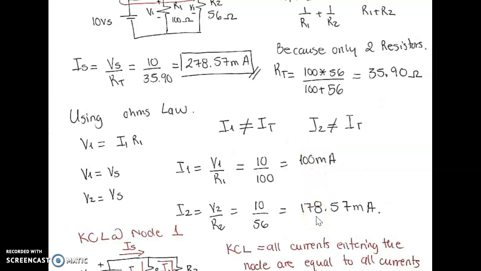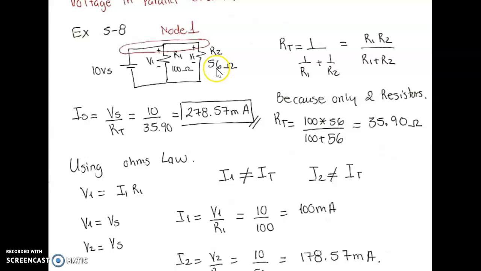So the current is totally dependent on the resistor value. So if the resistor is small, the current is going to be large. Why? Because current always tries to find the easier way to travel.